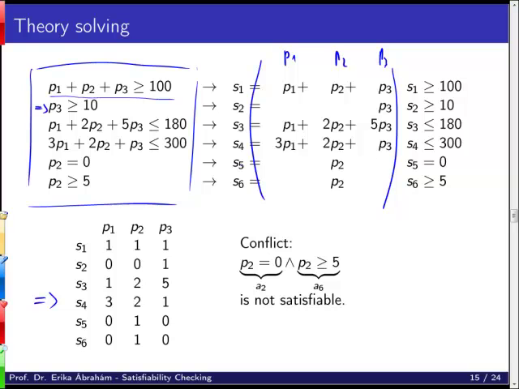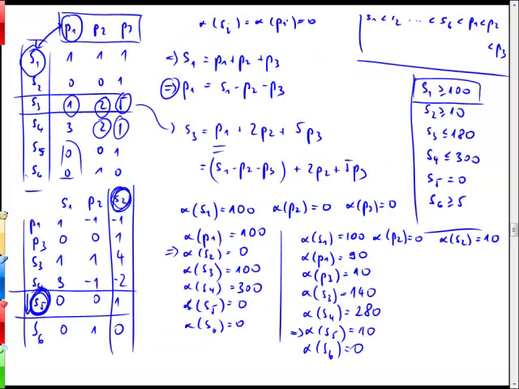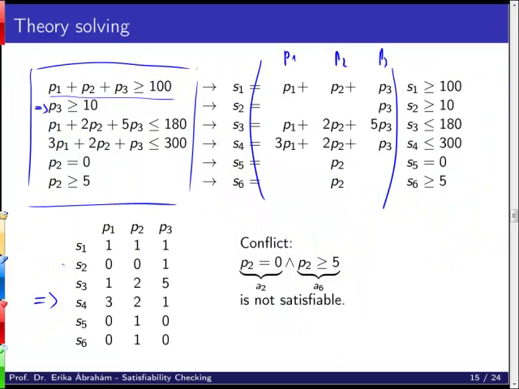2 and 5. Sorry, I think I missed the pivot 2, and this is right. 5, and this would be 2 and this would be 5.